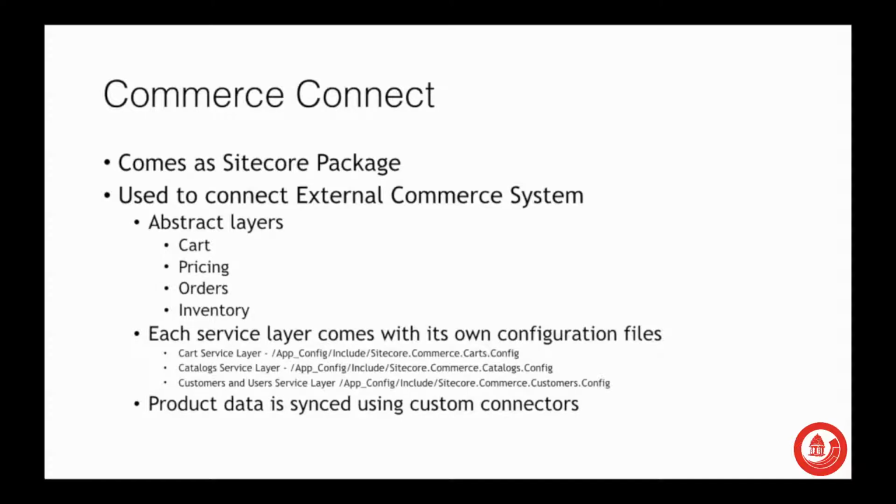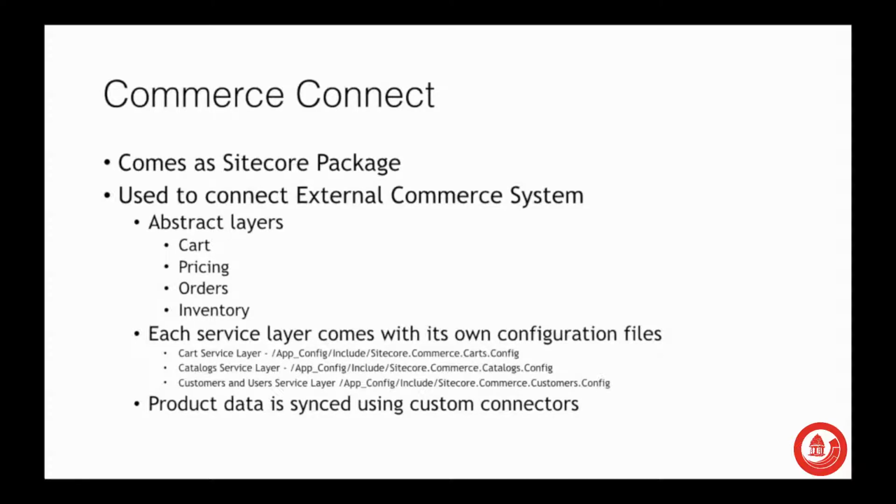What it does is it has abstract layers. If you take any e-commerce system, by default you will expect that it provides some services, right? For example, cart service, pricing service, orders, inventory, and many more.